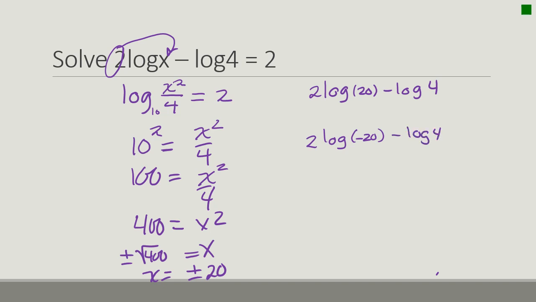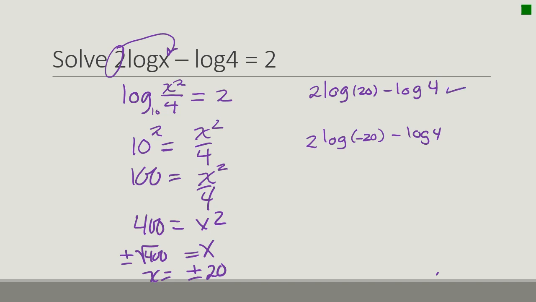And since this is base 10, you can just plug it into your calculator, and 2 log of 20 minus log of 4 gives me 2, so that checks.